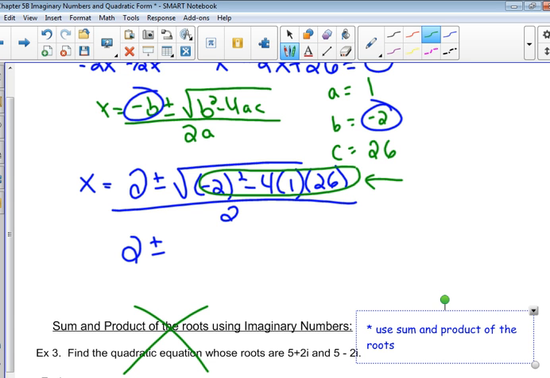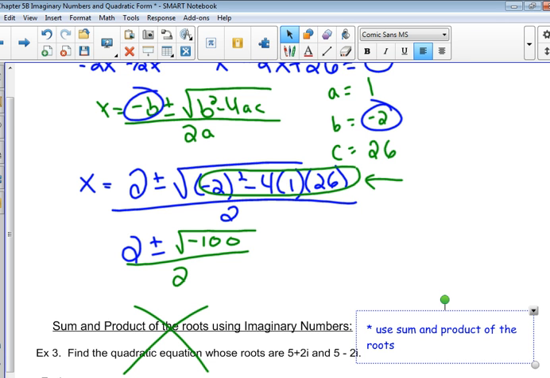Negative 100, right? So what we have is negative 100 now under our radical. If you were confused because you got a negative number, you should get negative numbers underneath that radical for everything tonight, because that's how we're going to end up getting an imaginary number.